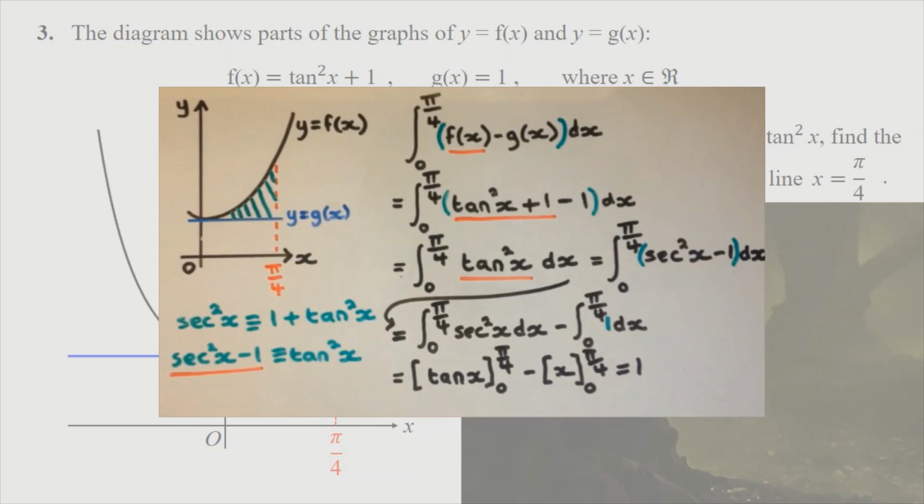If you want to put an extra step in, you can, but you don't need to here. So subtract pi over 4. And if you're interested, that is approximately 0.215 evaluated to 3 significant figures. There we go.